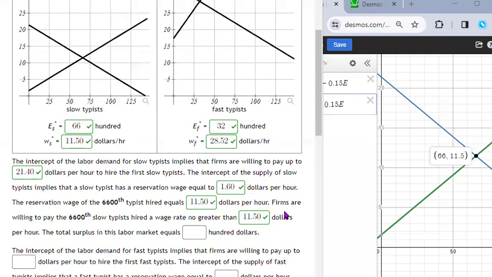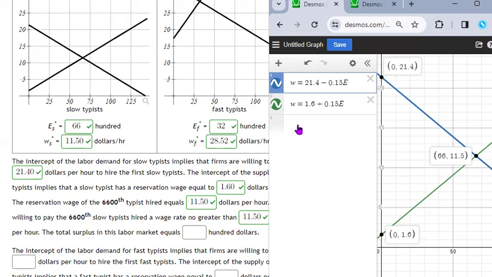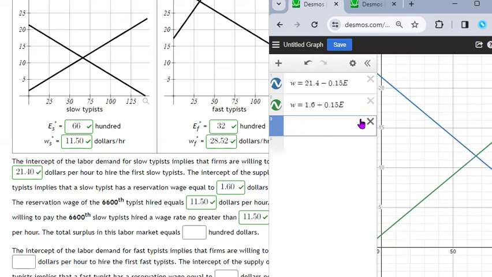Now, to calculate the total surplus, we have to calculate the area of the triangle produced by these three black dots. The height of the triangle is 21.4 minus 1.6, and the width of the triangle is 66 minus 0. So let's calculate the total surplus.